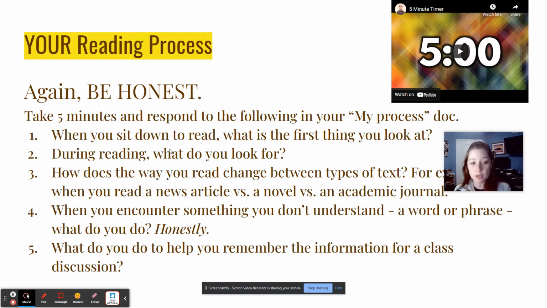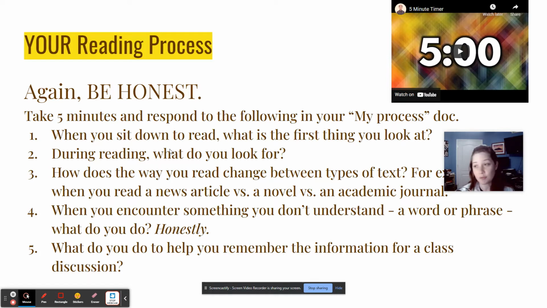For example, when you read a news article versus a novel versus an academic journal, maybe you don't annotate novels. Maybe you read the abstract and the conclusion of an academic journal and skim the middle. There are all different kinds of strategies that you end up using for different texts. When you encounter something you don't understand, a word or phrase, what do you do?